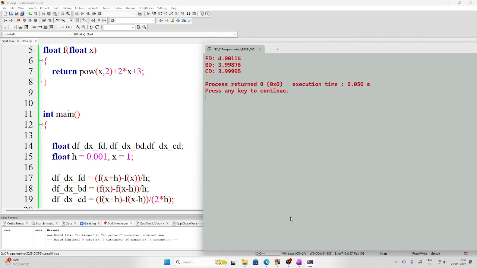So from here you can appreciate the fact that all the formulas, whether forward, backward or central difference, are giving you a value, but the forward difference is biased towards the right, the backward difference is biased toward the left, whereas the central difference is very close to that value. This is happening because of the order. The order of error in this case is of h, in this case again it is of h, whereas in central difference it is of order h square. So that's why it is happening.